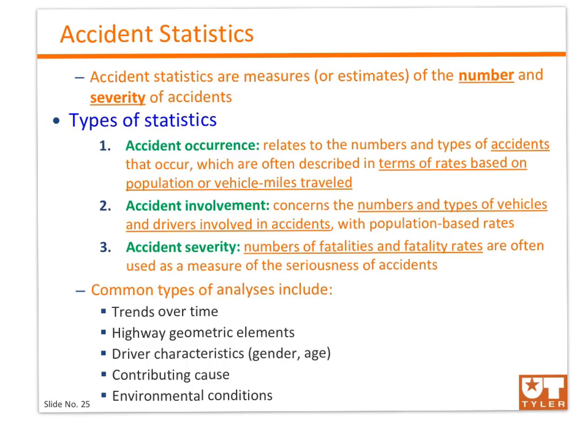We also need to look into driver characteristics, including gender and age. Does this make a difference? Do we see a relation between some sorts of accidents and a certain age group or gender? Also the contributing cause. What's the cause behind that type of accident? All the way to the environmental conditions. We need to know what the weather conditions and pavement conditions were at that location, and whether they are related to the number of accidents reported there or not.